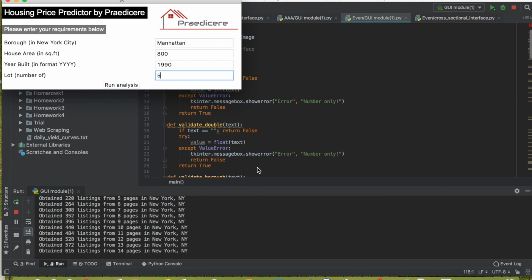And after we got all the data from the 29 different data sources, we started to run the regression analysis. The first step was cross-sectional regression analysis. In the cross-sectional regression analysis, we use the actual transaction house price in 2018 as a dependent variable, and to test the effect of specific features on the house price.